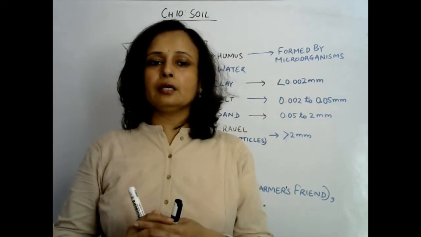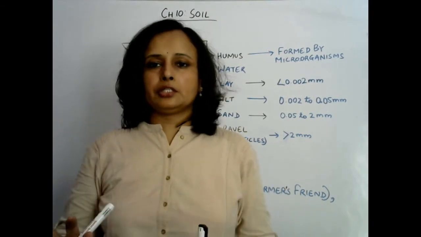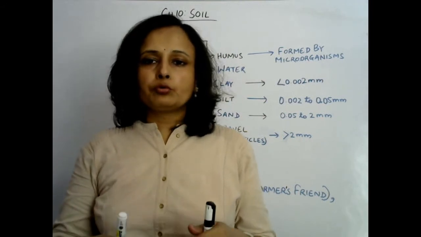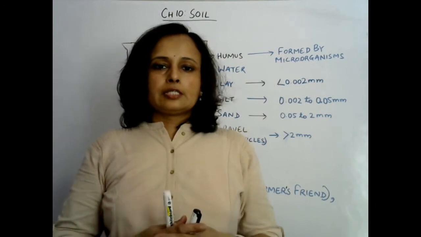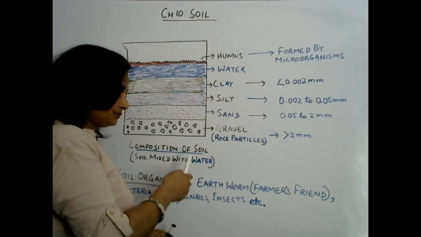So in that way it will make the whole soil fertile. So it helps farmers to improve the fertility of soil. Okay, so this is how we can know about the composition of soil.